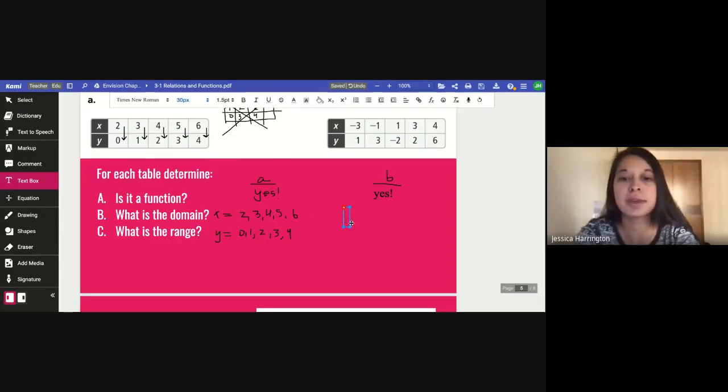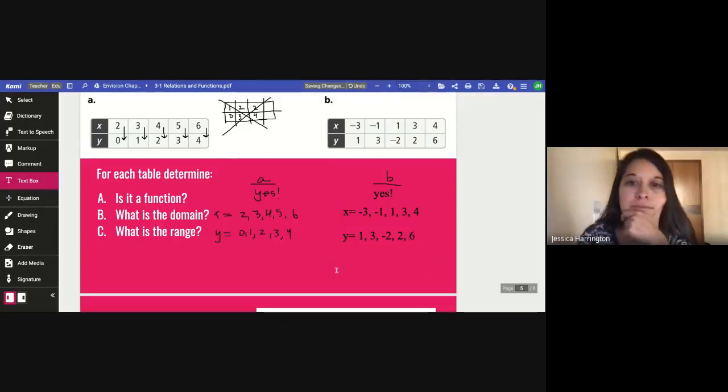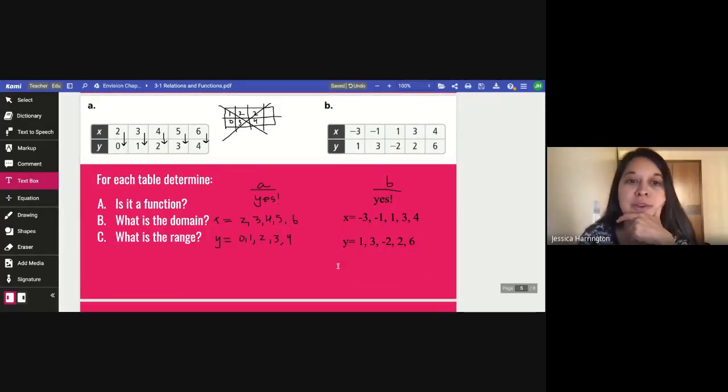What's x allowed to be? X is allowed to be -3, -1, 1, 3, and 4. Not so hard, right? And what's the range? What is y allowed to be? It's allowed to be 1, 3, -2, 2, and 6. Okay? So this is how you find the domain and range using tables.